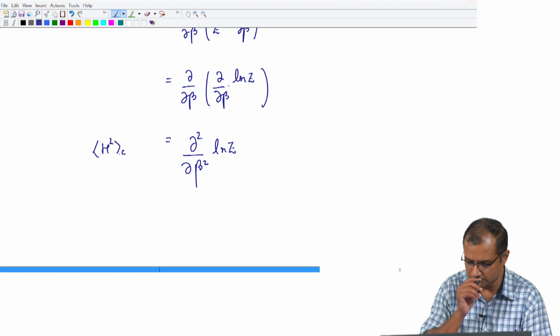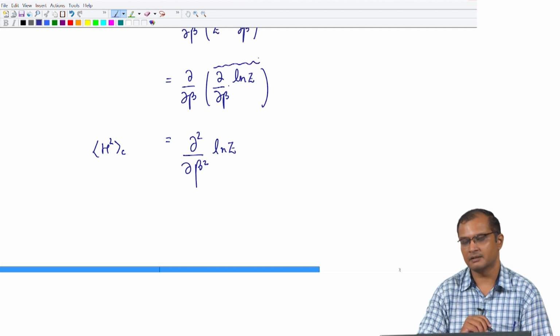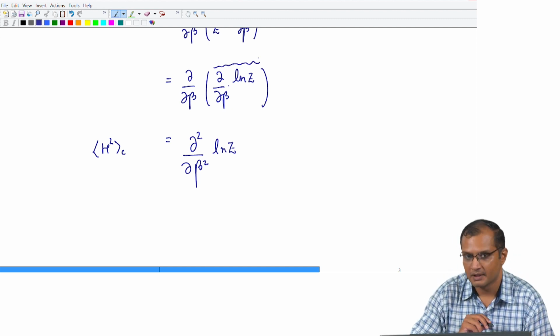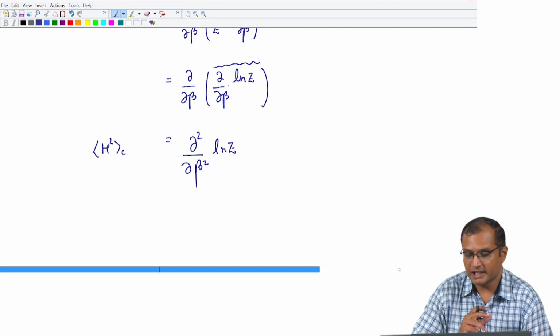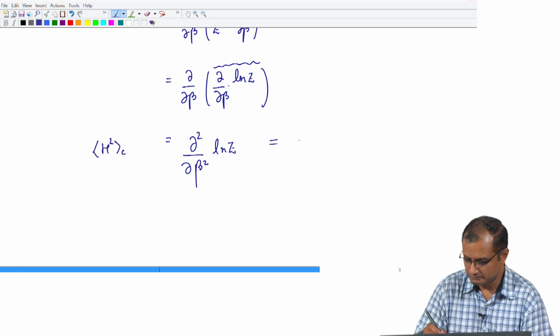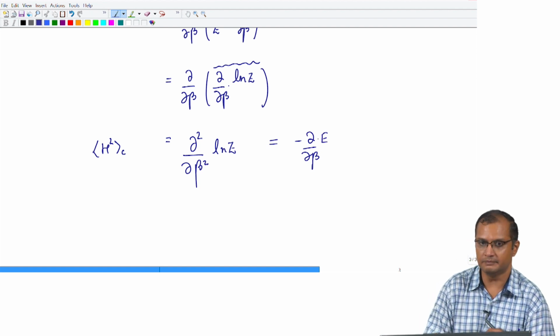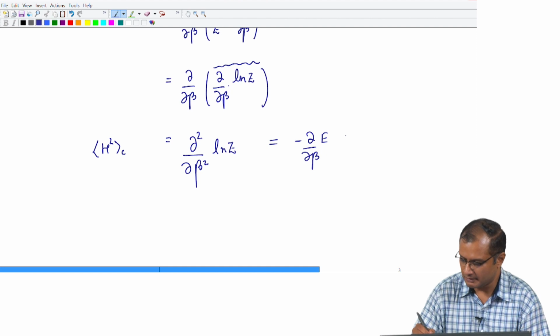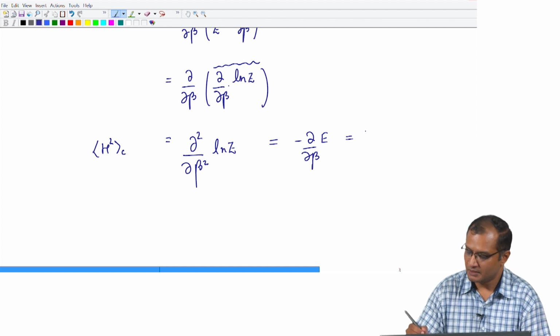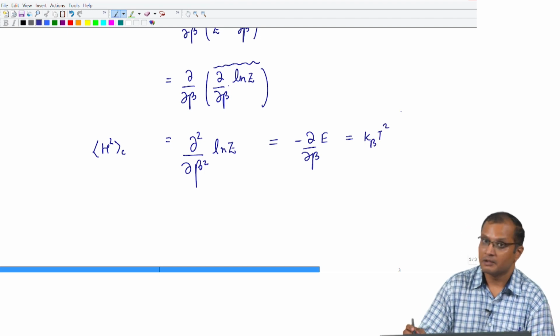Now, we can actually see that this quantity here itself is a known quantity. So this is like the negative of the energy. So, I can write this as negative d over d beta of the energy or mean energy, and I know that d over d beta is negative k T square d by dT.